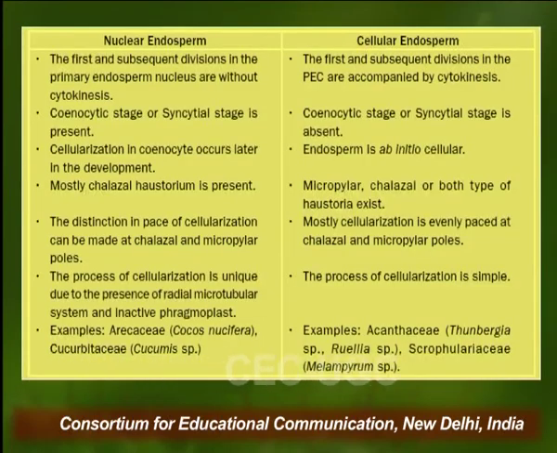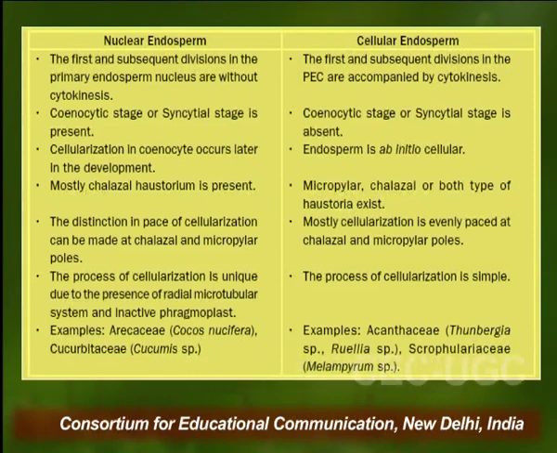Now, what are the key differences between nuclear and cellular endosperm? Obviously, the first and foremost is that in nuclear endosperm, there are nuclear divisions and they are not followed by wall formation, whereas in cellular endosperm, whenever there is a nuclear division, it is followed by cell wall formation.